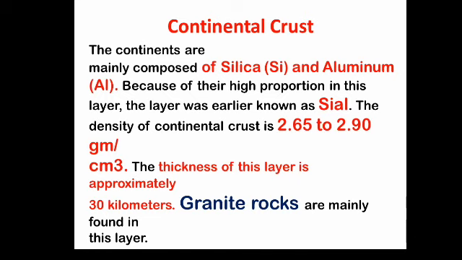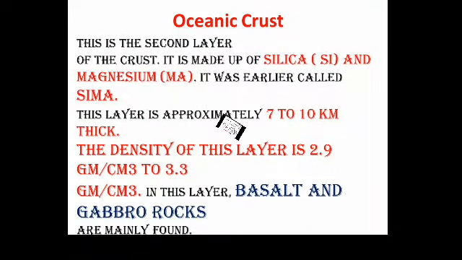The second part or the second layer of the earth's crust is the oceanic crust. It is made up of silica, that is Si, and magnesium, Mg.